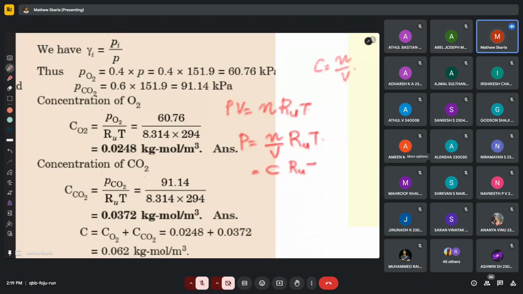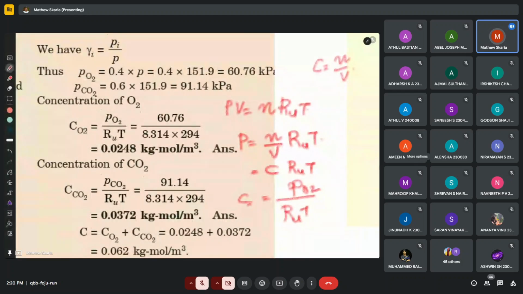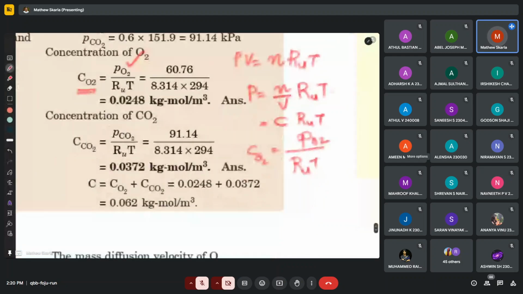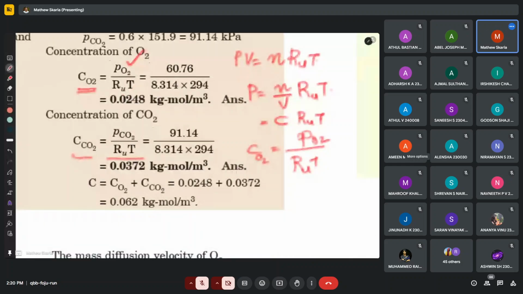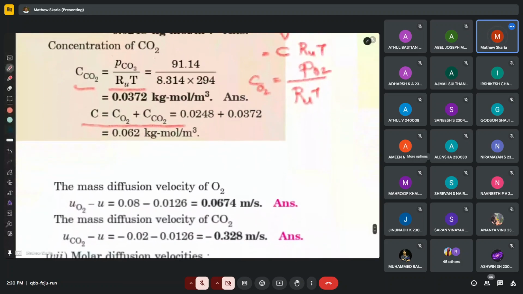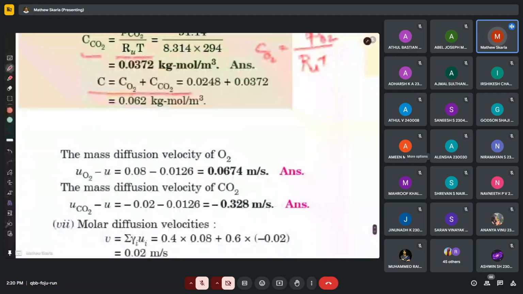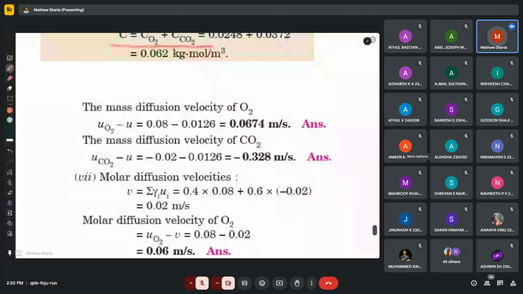So concentration is equal to P divided by Ru into T, where P is the partial pressure of oxygen or any other gas. So the concentration of oxygen is equal to the partial pressure of oxygen divided by Ru T. Similarly, for carbon dioxide we get this expression, and the total concentration is the summation of the CO2 and O2 concentrations.